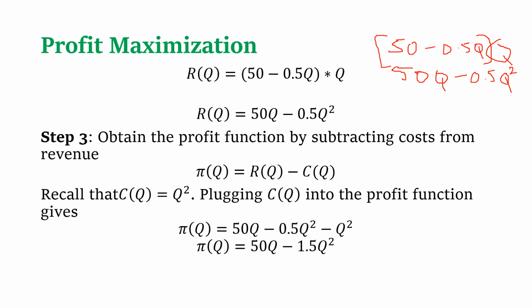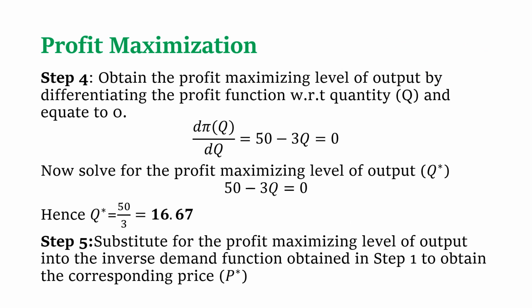Now, what do we do next? We obtain the profit maximizing level of output by differentiating the profit function with respect to quantity, dπ/dQ. Remember, simple differentiation.